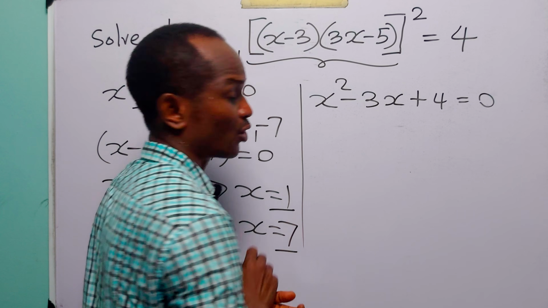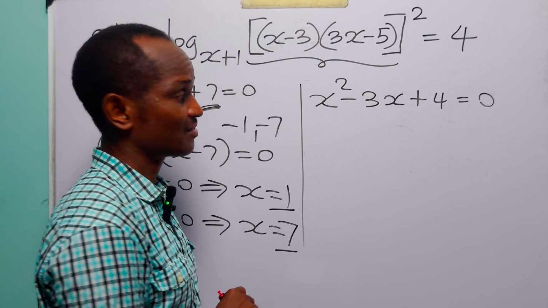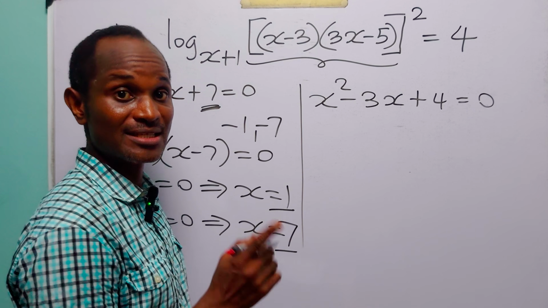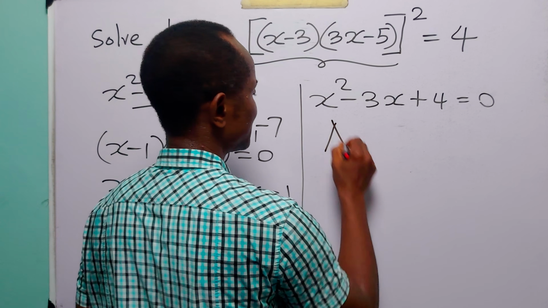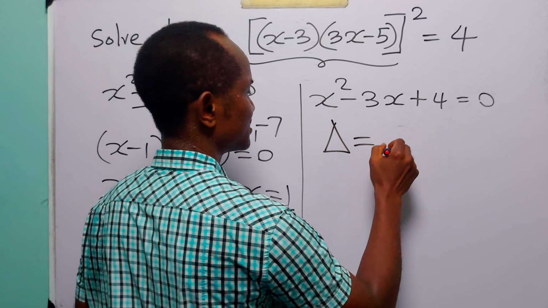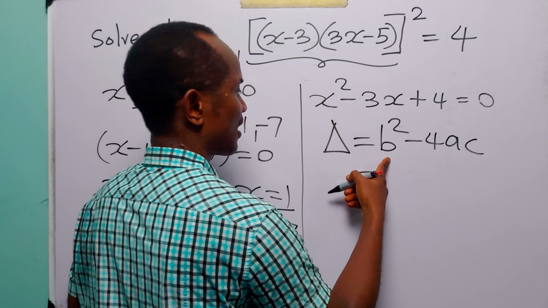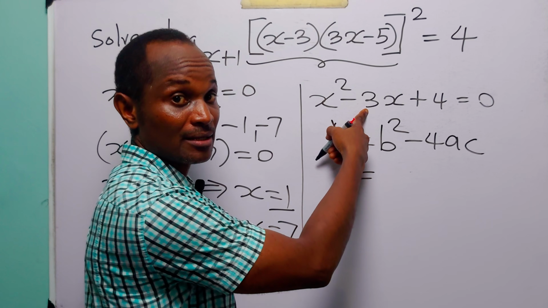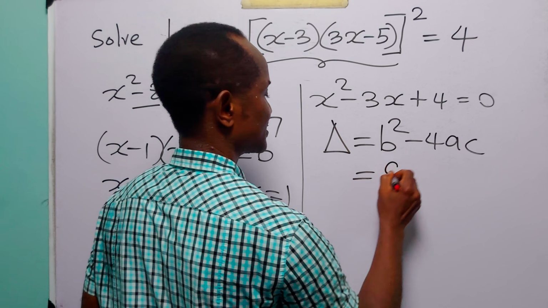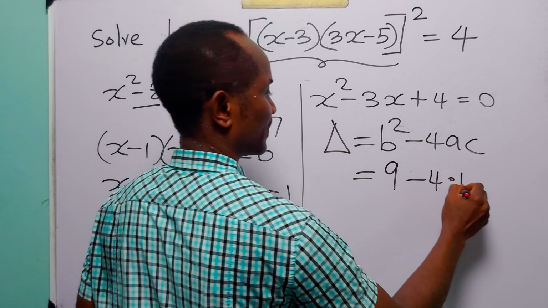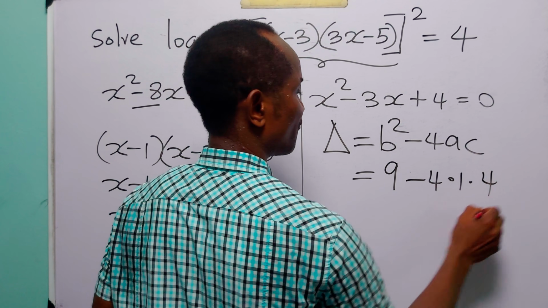Now, coming over to this second quadratic equation, I don't think that this equation is going to give us real values of x, but let us check. Using our discriminant, this is equal to b squared minus 4ac. Now, b is minus 3. Minus 3 squared is 9. A is 1 and C is 4.